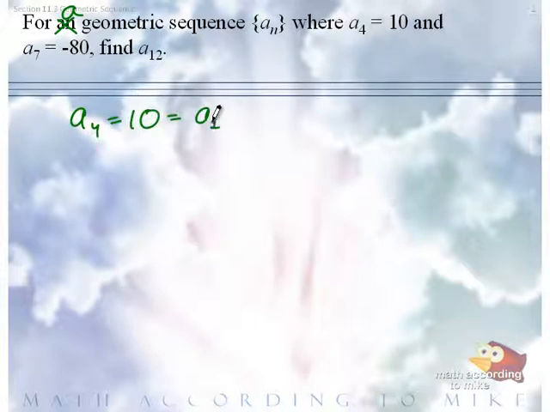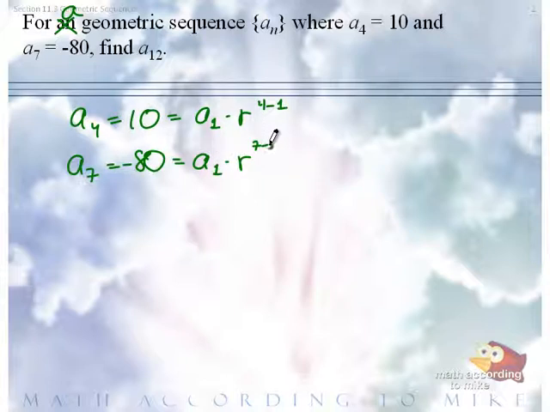All right, so a sub 4 is 10 is the same thing as saying that a sub 1 times r to the 4 minus 1 equals 10. And a sub 7 is negative 80. It's the same thing as saying a sub 1 times r to the 7 minus 1 is negative 80.